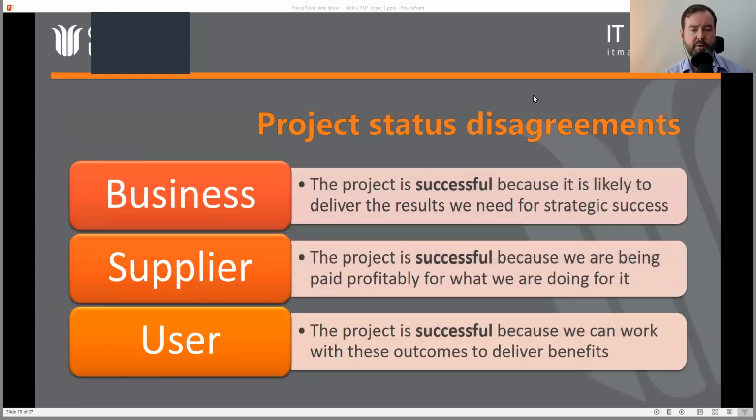So it's unlikely that if only one group is saying we've got a problem, we're going to be considered red. But it means that we might become red. If we don't recognize and address the fact that one group is considering it a potential failure, and that's not addressed through the normal project management system, then we may end up with a failed project later that needs a bigger hammer.